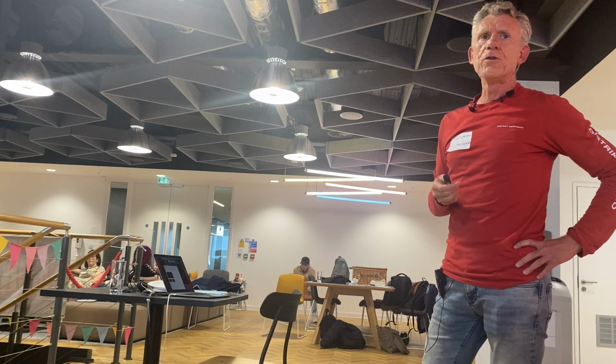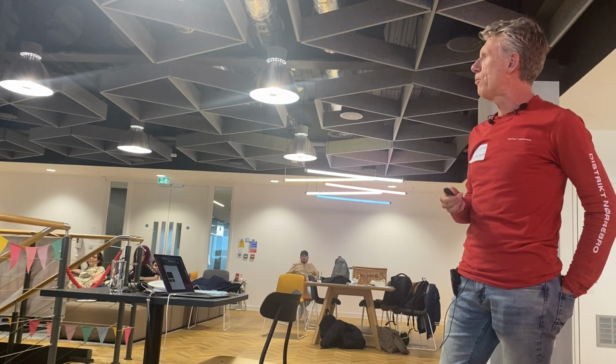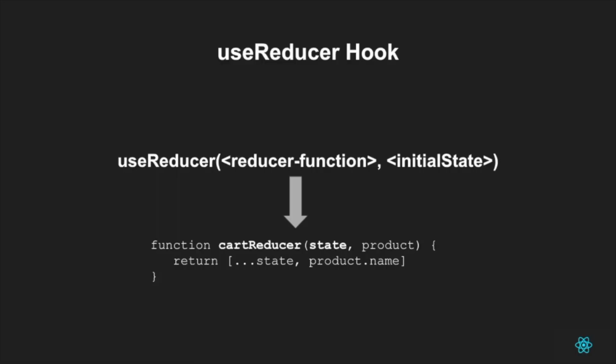Let's go on to the useReducer hook. It's another hook. It's also a little bit the same as the useState hook, also for state, but it's more powerful, it's smarter. It has two arguments, a reducer function and an initial value.